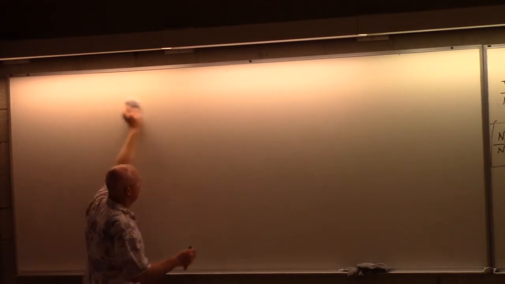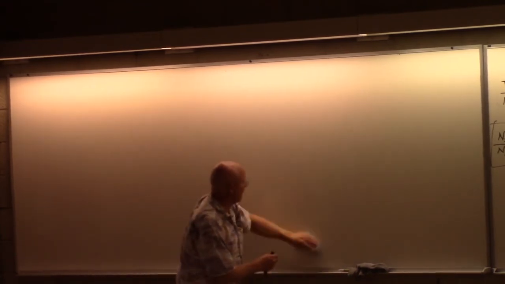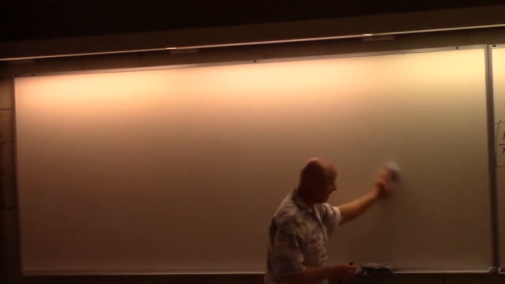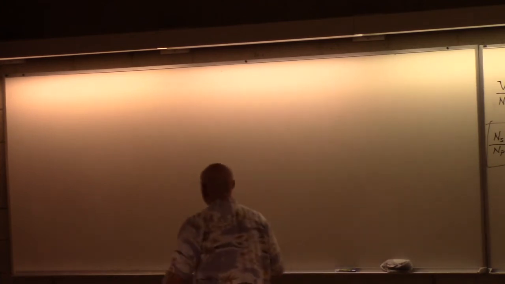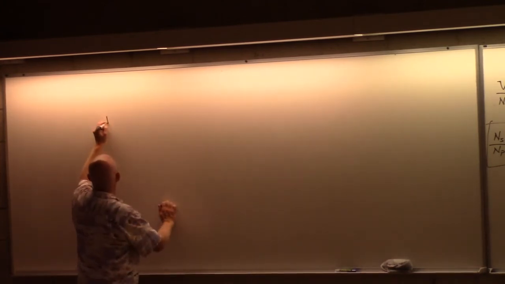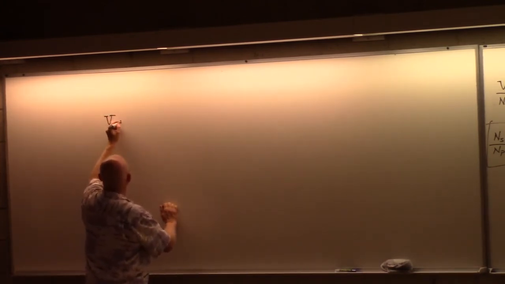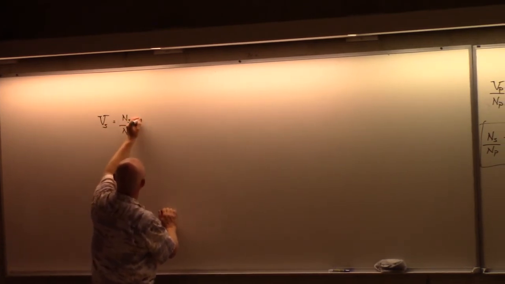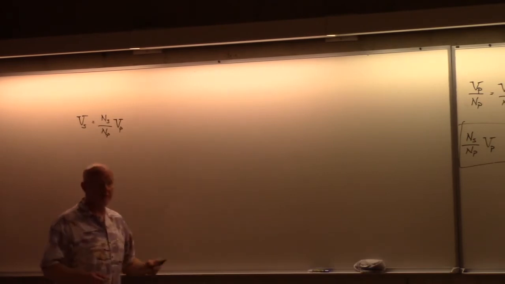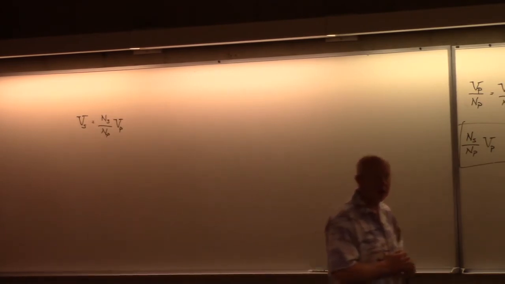I said, look, the hard part was to recognize that that problem was a motion EMF. It wasn't hard to calculate it. It just had B, L, and V. And I would say the same thing here: you just have to recognize that this is a transformer problem, because once you do that, they give you 3 of the 4, and then you just plug it in and solve.